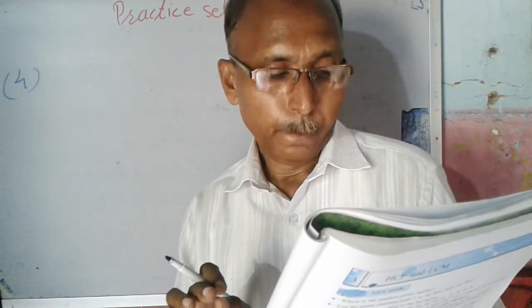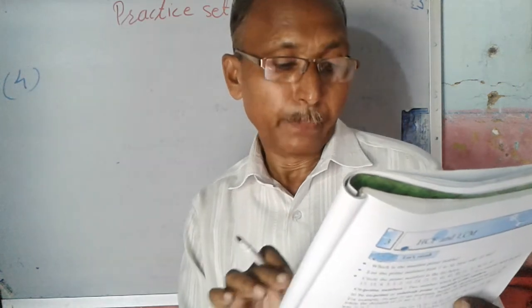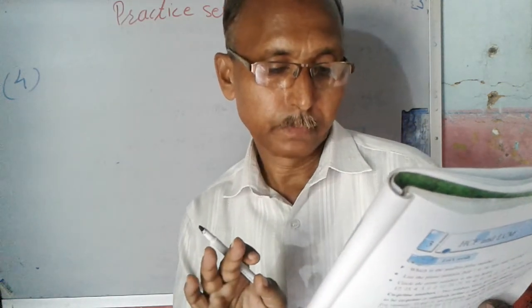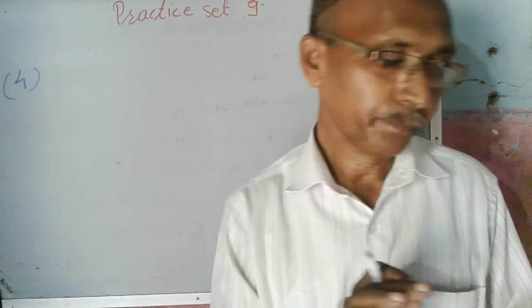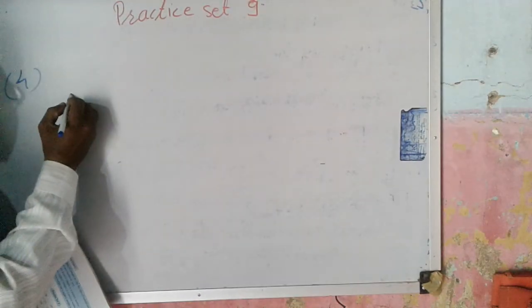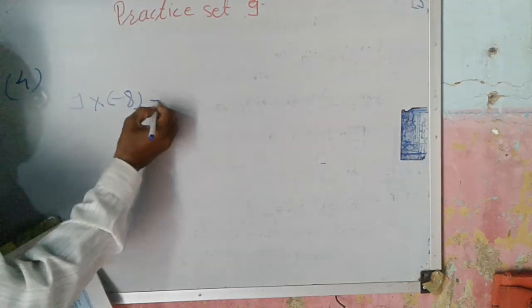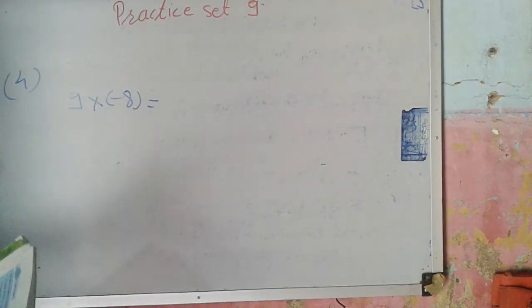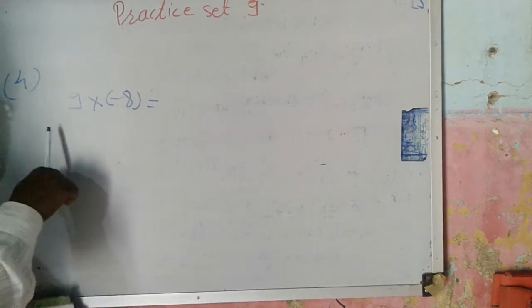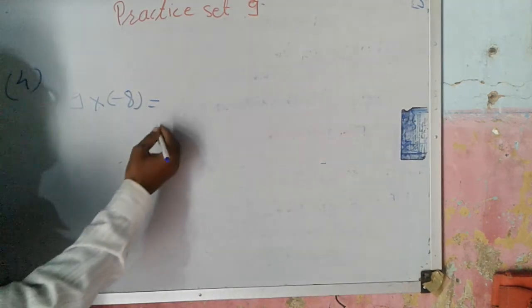Now I will choose one pair for multiplication. So I will choose here plus 9 and minus 8. So here plus 9 multiplied by minus 8 we get.